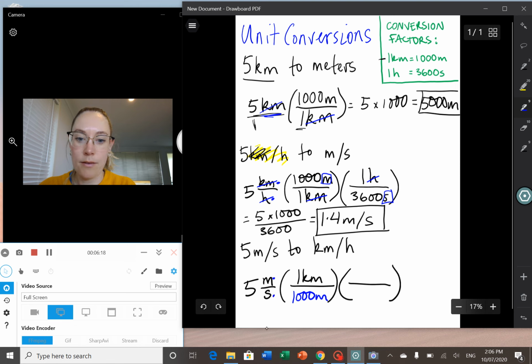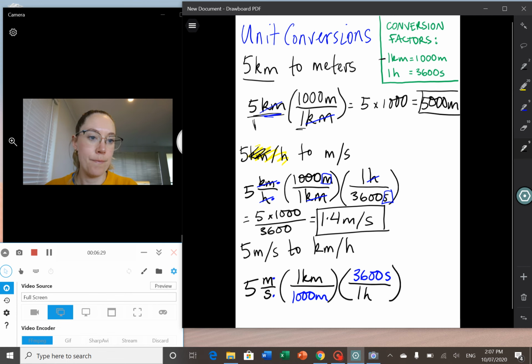If my seconds is the denominator here, then seconds need to be my numerator here, which means my 1 hour is the denominator. Metres and metres cancel each other out, seconds and seconds cancel each other out. So I'm going to have my final answer as kilometres per hour.